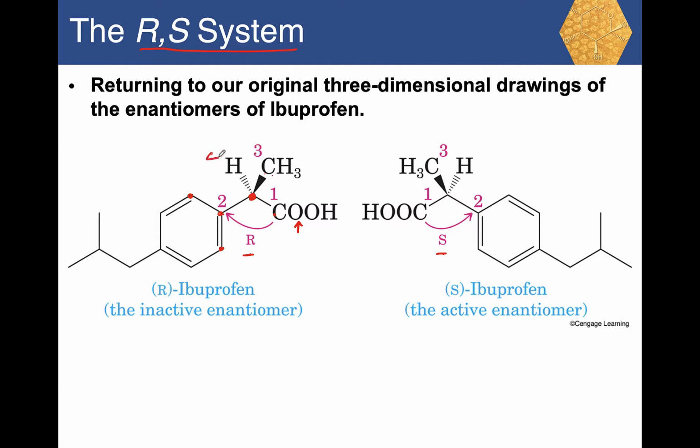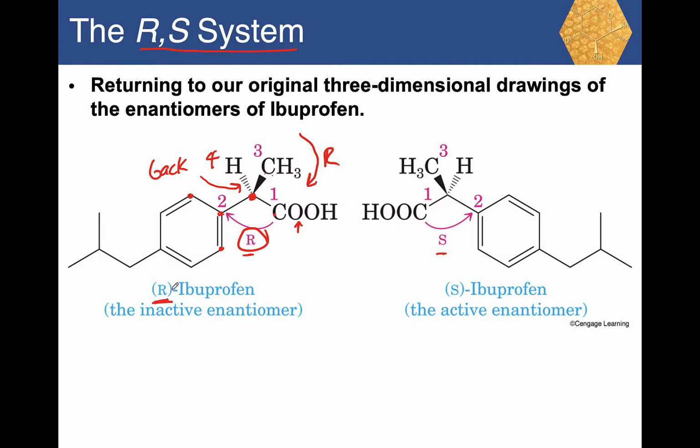This of course is number 4, and it's in the back. Let me just emphasize here, back. So when you trace it, it's going in this direction, so therefore it's an R, and it's R ibuprofen.